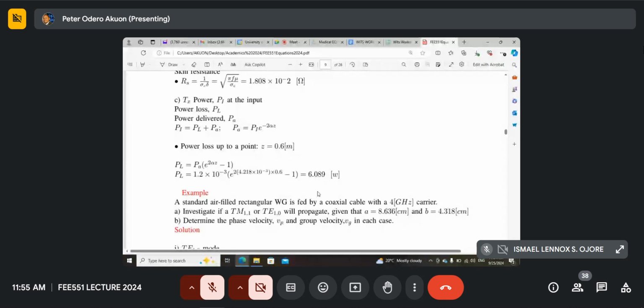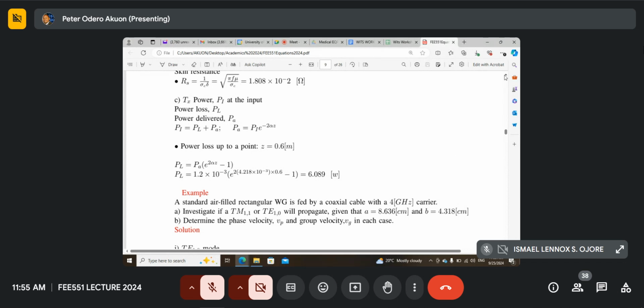We are given it in kilowatt, isn't it? So can you make that change here? It should be 1.2 times 10 raised to 3, isn't it? For PA, it's in kilowatts. Then 60 centimeters, that's 0.6 meters.